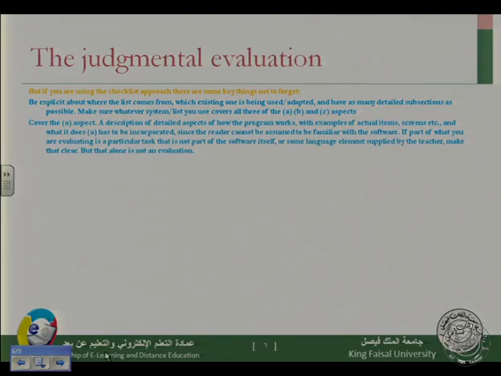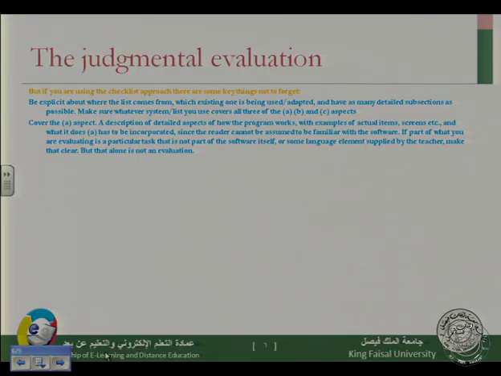Cover the A aspect: a description of detailed aspects of how the program works with examples of actual items, screens, etc., and what it does has to be incorporated since the reader cannot be assumed to be familiar with the software. Well, in your analysis, give a detailed description of the software, how it works.